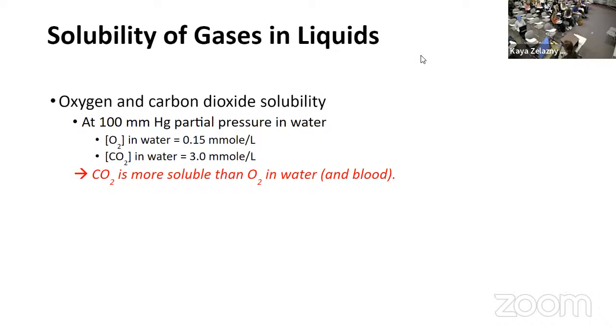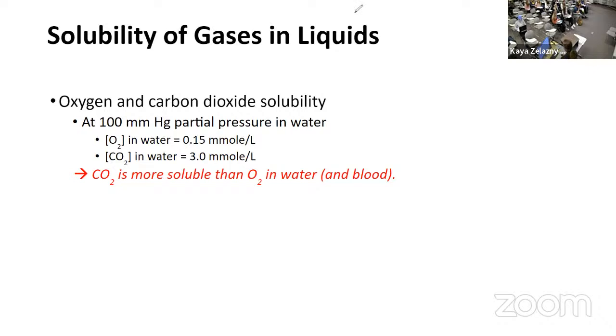Okay. So carbon dioxide has a way easier time dissolving in water and therefore in blood than oxygen does, okay? So we would say that the solubility of carbon dioxide is much greater than the solubility of oxygen in water and therefore in blood plasma, okay?